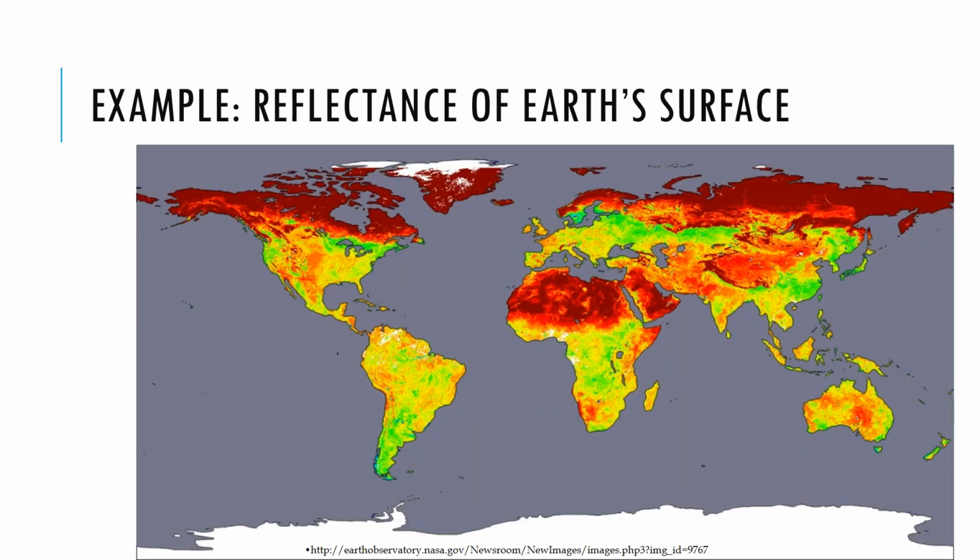This one shows the net reflectivity over all wavelengths and all surfaces over the entire Earth surface. It's a consequence of the previous slide, depending on what is the predominant surface in a particular region.